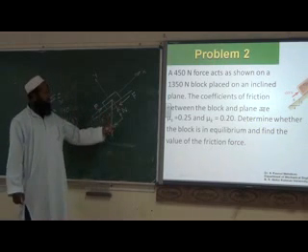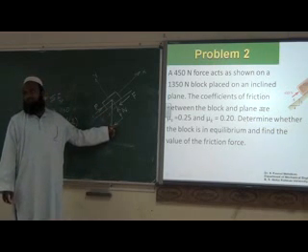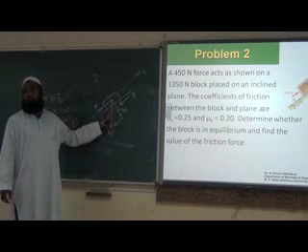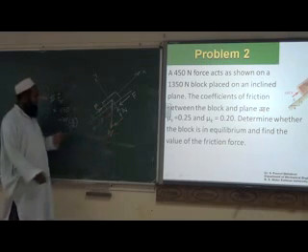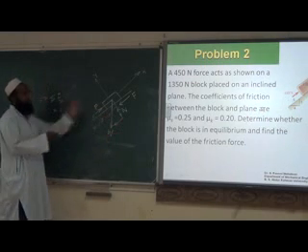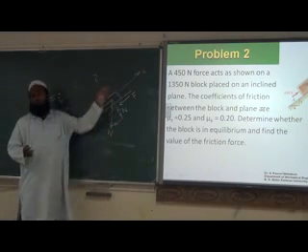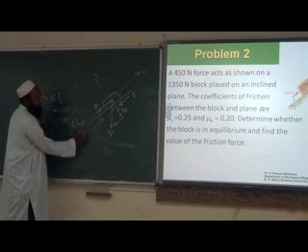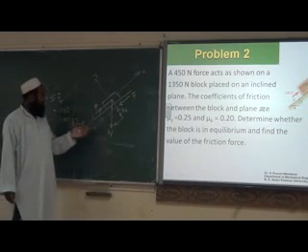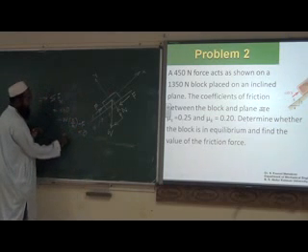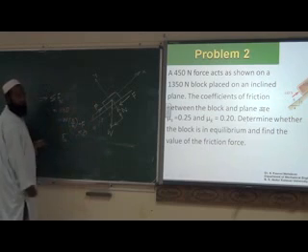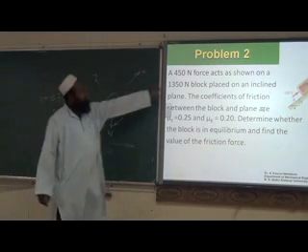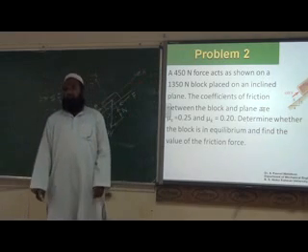Sine means opposite side over hypotenuse, so 3 by hypotenuse will give you the opposite side. We resolve it like this, parallel to the inclined plane. Then minus F equals 0. From which you can find out F. W is given as 1350.